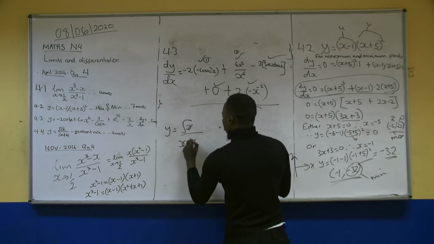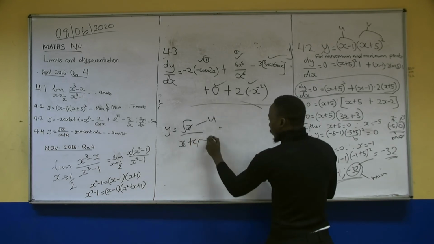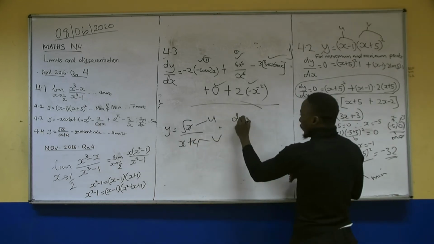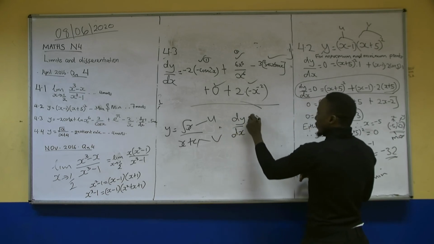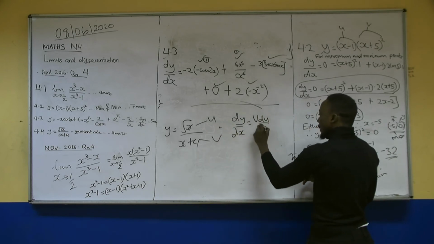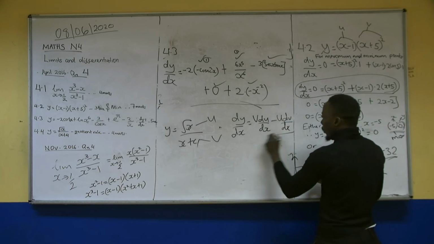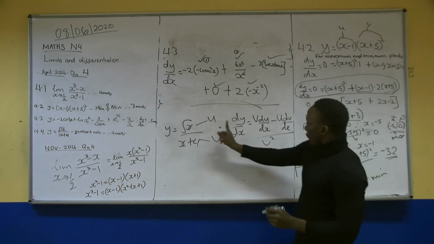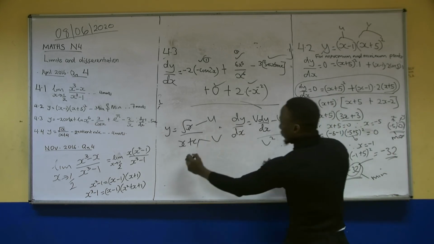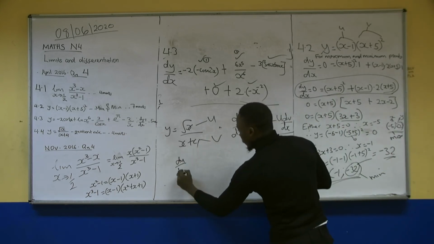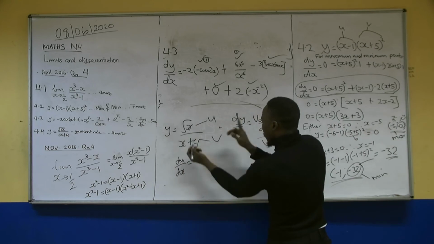Now the remaining part is using the quotient rule. y is equal to root of x over x plus 4. This one we call u, this one we call v. We know that the formula dy dx is v du dx minus u dv dx over v squared.